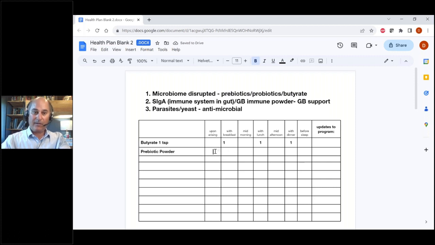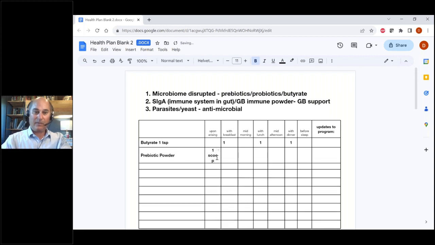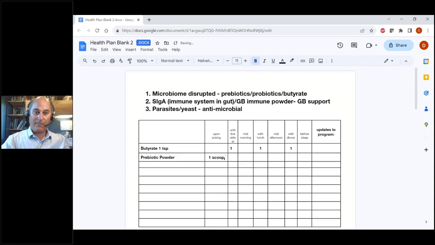That's usually done on an empty stomach, like right here, 1 scoop. And then a probiotic. I don't know, let's just keep it easy. Let's say like Espelardi, like 2 with breakfast and 2 with dinner, something like that, okay?